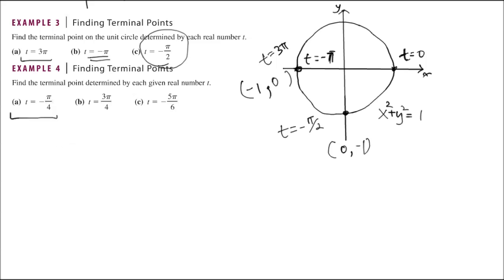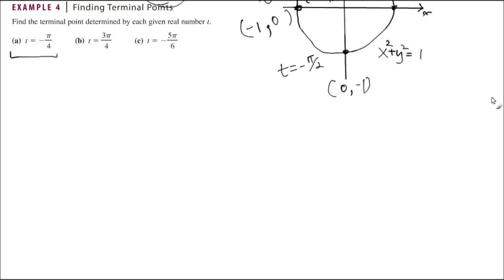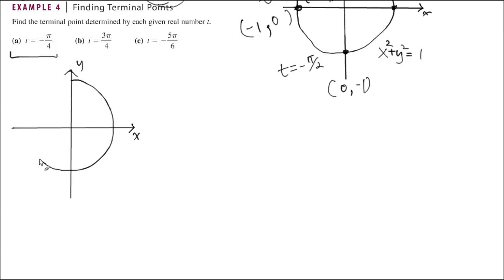So I'm going to draw a unit circle. Pi is 180 degrees, right? Pi over 2, half of it, 90 degrees. Now here's a pi over 4, another half. So that's going to be 45 degrees, right?